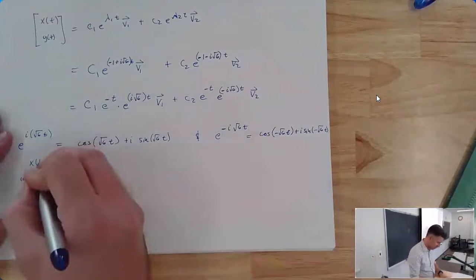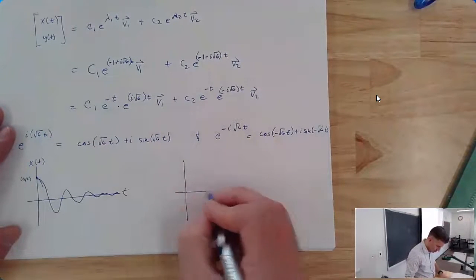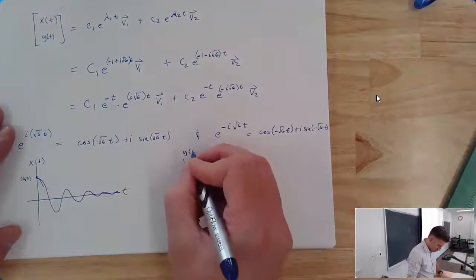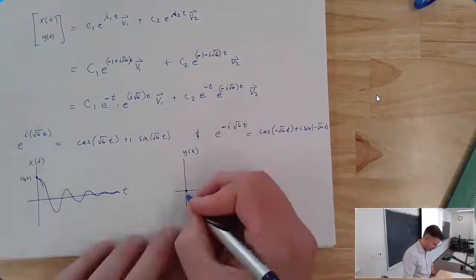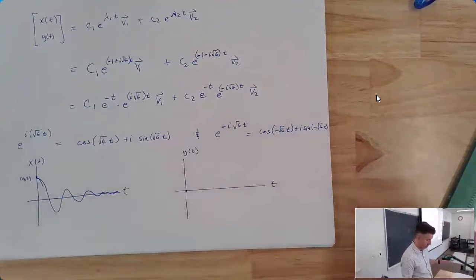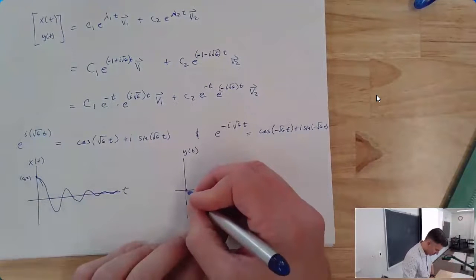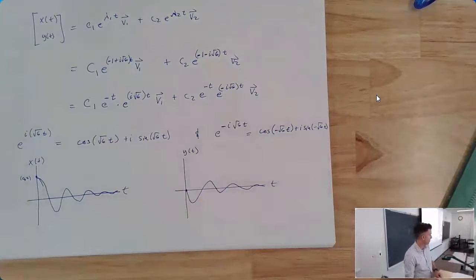And in a similar way, y of t, we said the initial condition was 0. It's going to oscillate in a similar way, but still dampening because the y part also has a negative real part.